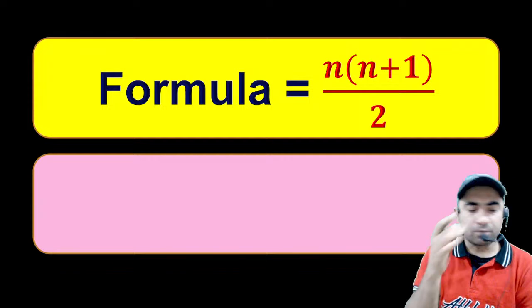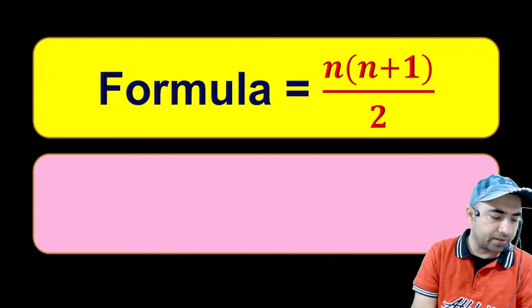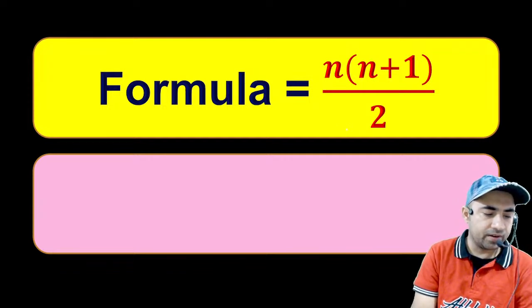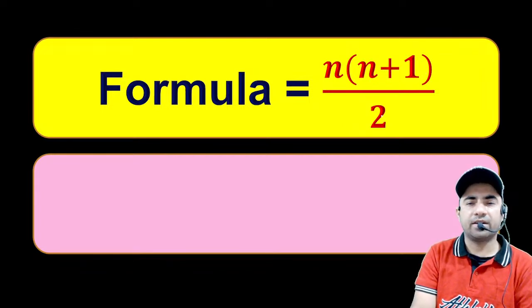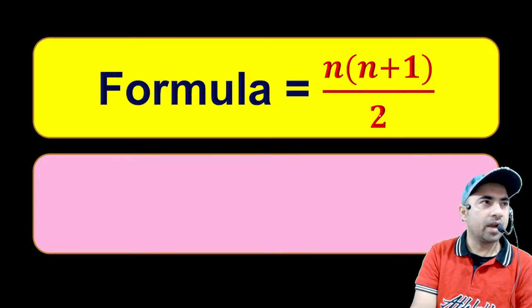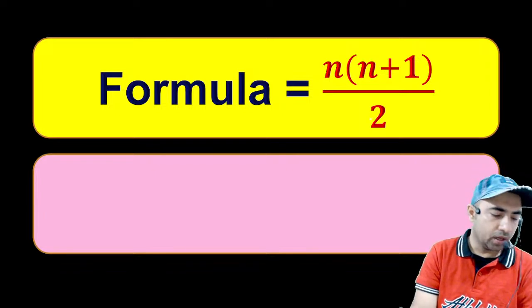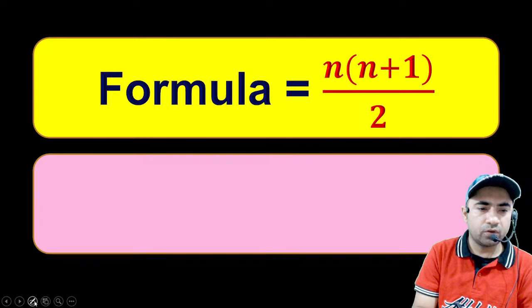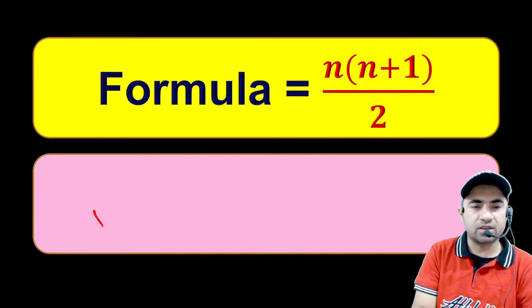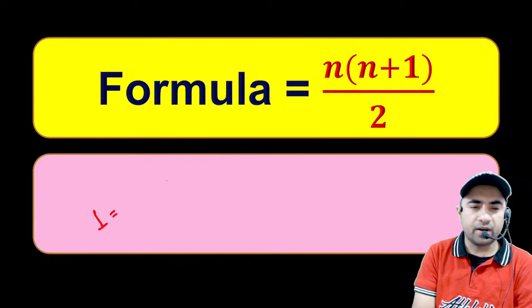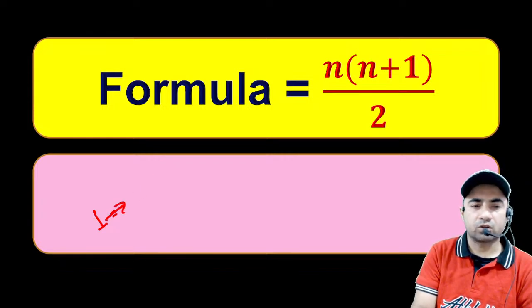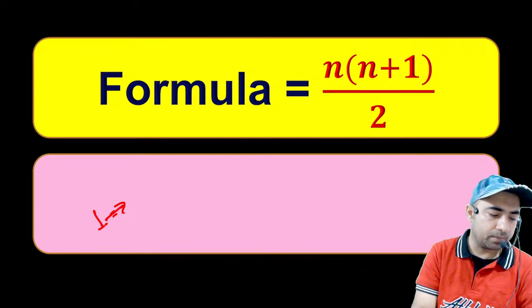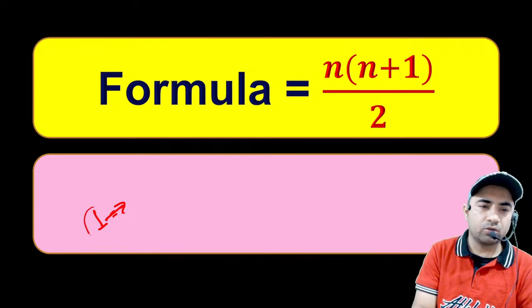The formula for finding any triangular number is n into n plus 1 divided by 2. If you want to find the first triangular number, the value of n would be 1.